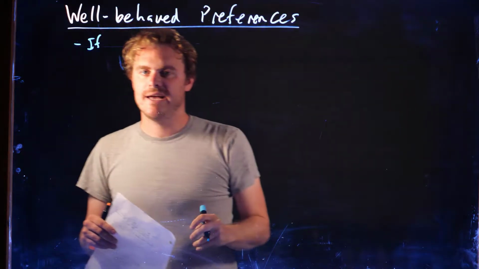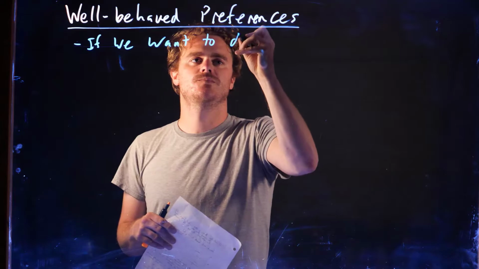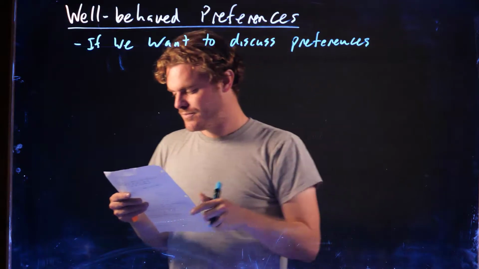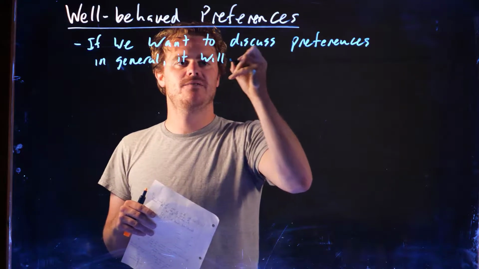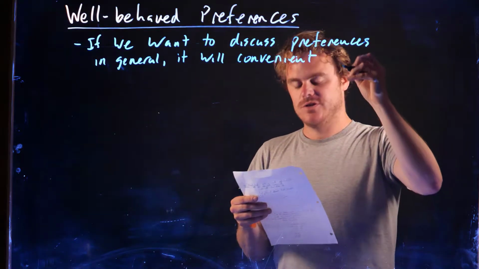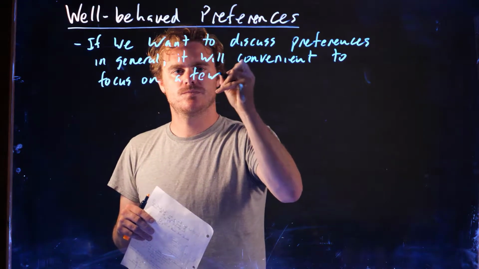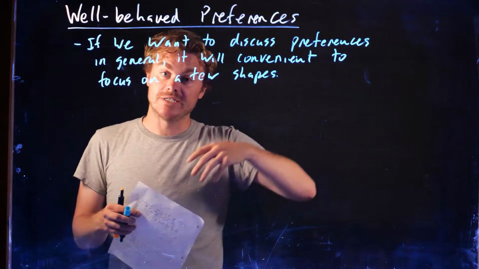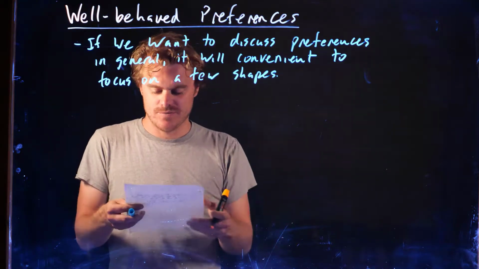So let's just write out what I just said, just so we have it in our notes. If we want to discuss preferences in general, it will be convenient to focus on a few shapes. So we're going to start by making a few general assumptions about these preferences, and that's going to lead to certain shapes of indifference curves.